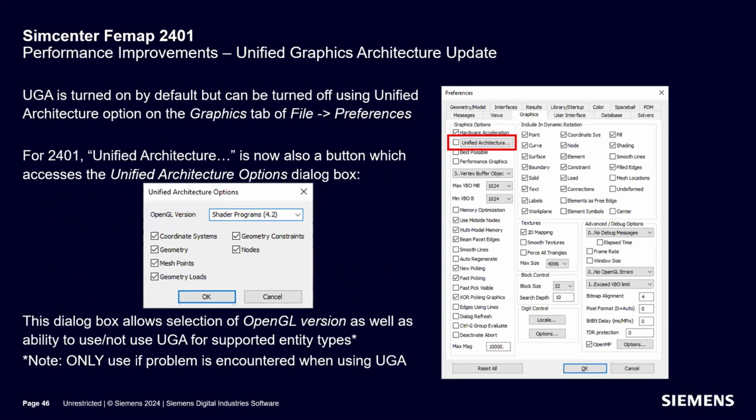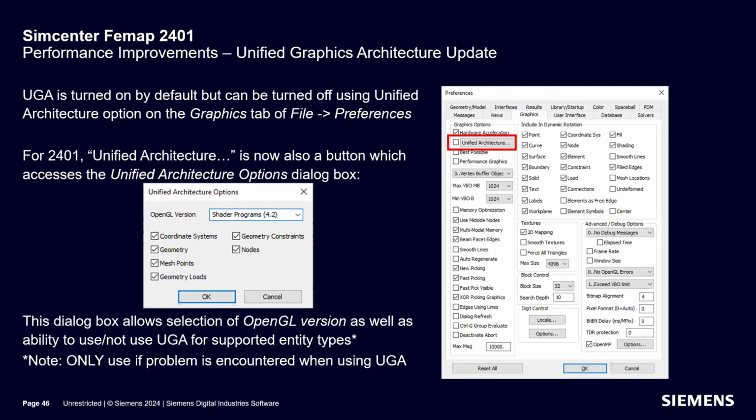We also turned the name into a dialog box. So now there's this unified architecture dialog box. You should not go in here unless you're seeing a problem when using the unified graphics or unified architecture option. You just want to always have all this turned on because it's using the correct OpenGL version.